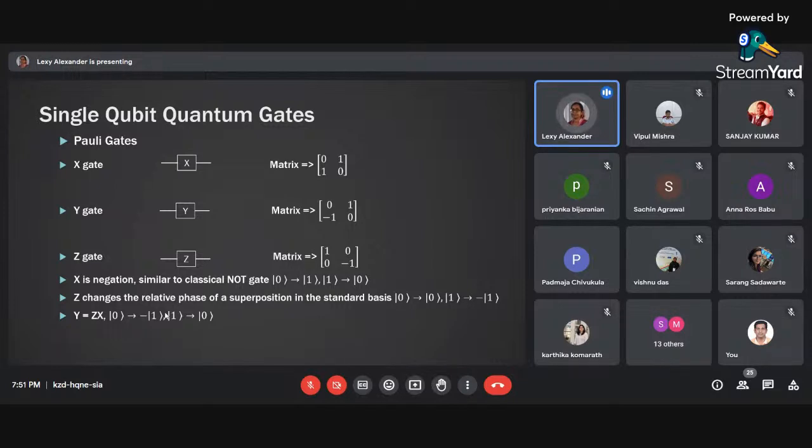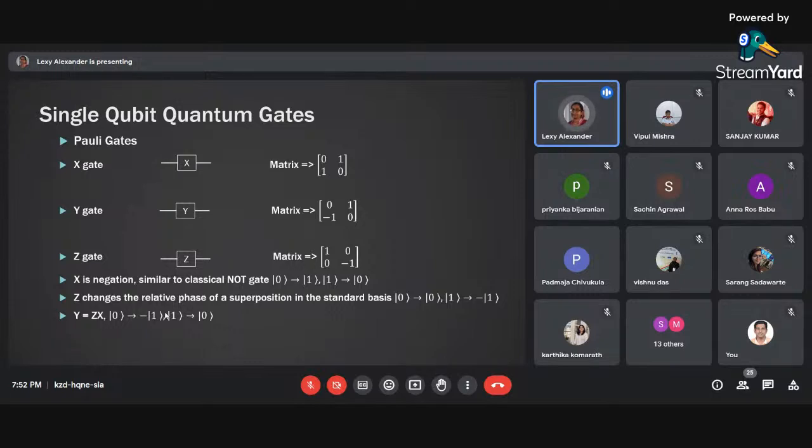In a quantum circuit, we will represent the X gate like this. Input is coming from the left, the gate is represented in a box, we write the name of the gate inside the box, and output is towards the right side. So always in a quantum circuit, we write input on the left, output on the right. Its corresponding matrix is 0, 1, 1, 0.